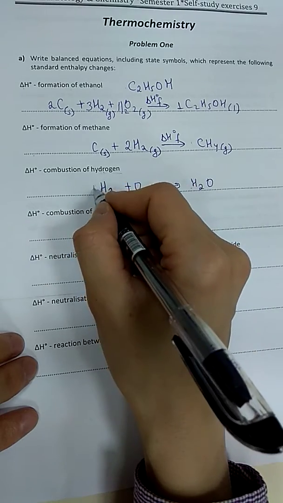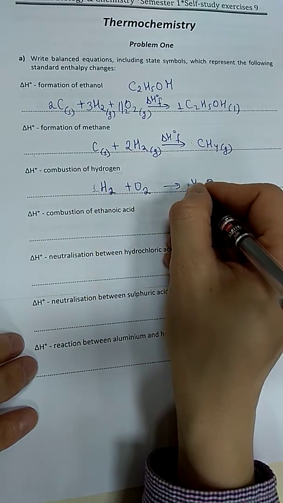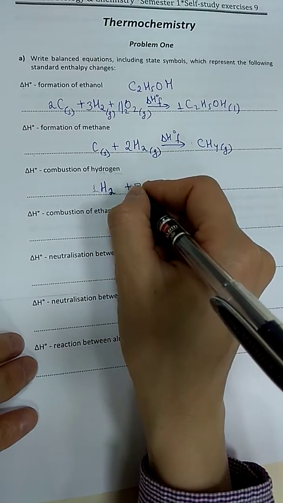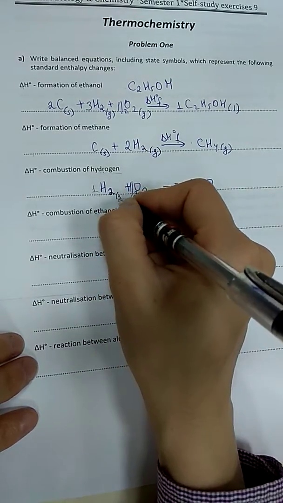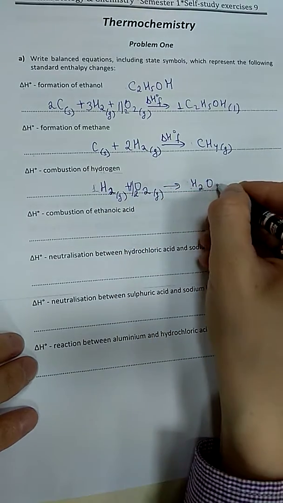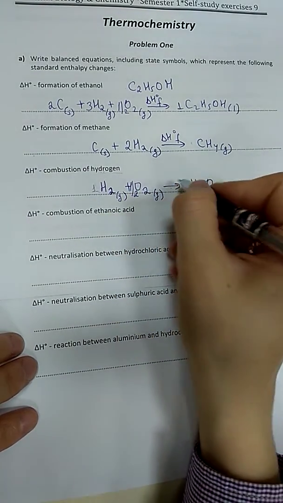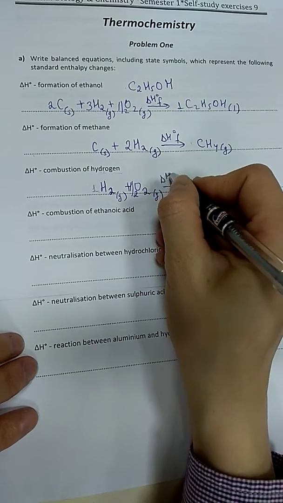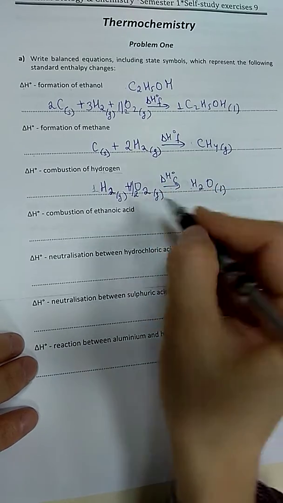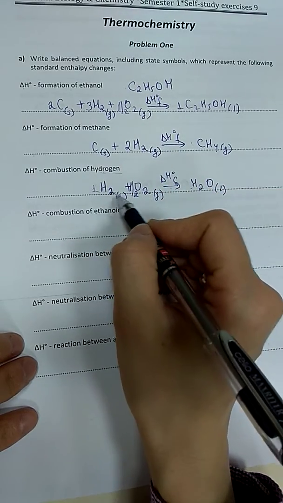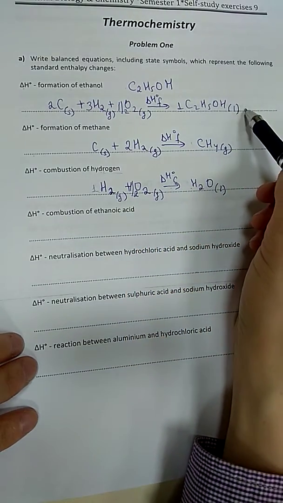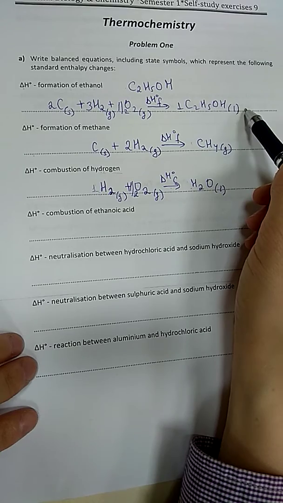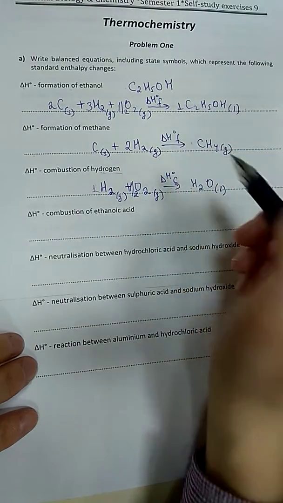If you have 1 here, that means you should have 1 water here and 1.5 in front of oxygen. And hydrogen is gas, oxygen is gas, and water is liquid at room temperature. So this is delta H of combustion, the heat change when you burn 1 mole of hydrogen under standard conditions. So standard conditions, remember, is 25 degrees or 298 Kelvin temperature and 1 atmosphere pressure.